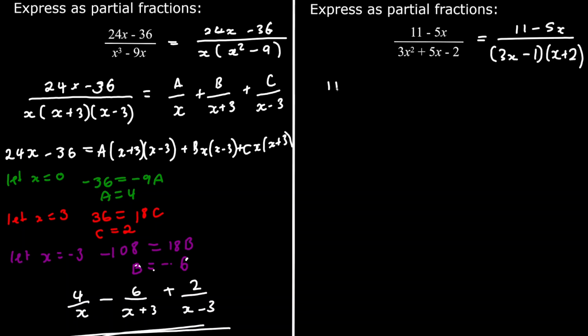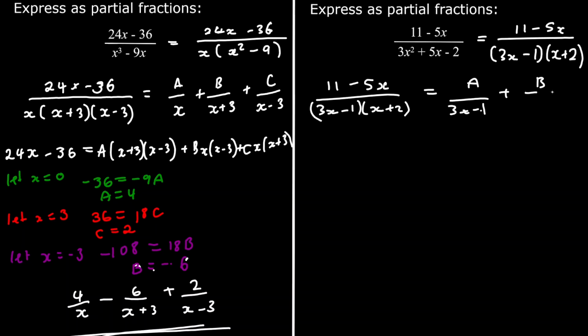So I've got 11 minus 5x over 3x minus 1 times x plus 2. And that's going to be equal to something over 3x minus 1 plus something over x plus 2.